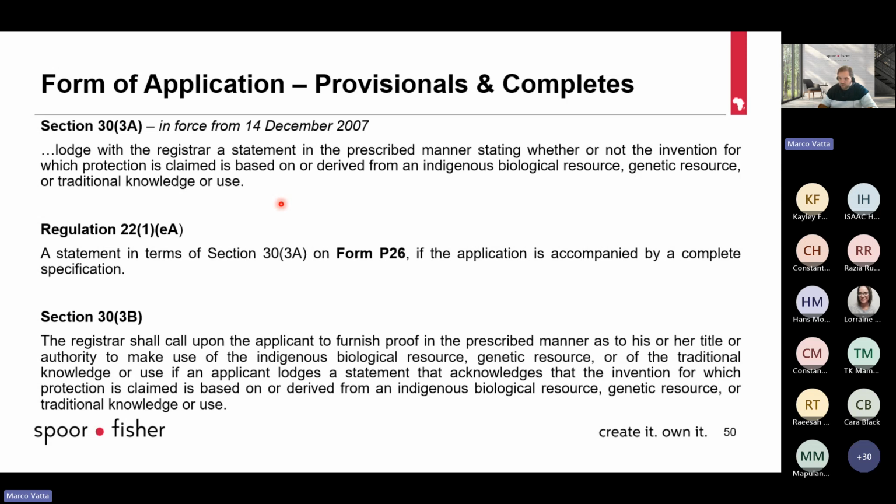So the registrar has the authority to call upon the applicant to provide proof that they are entitled to utilize that biological or genetic resource or the traditional knowledge or use.